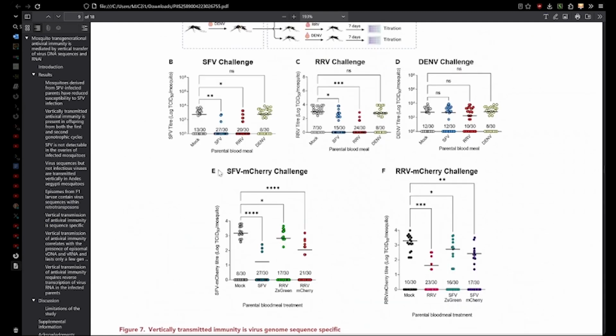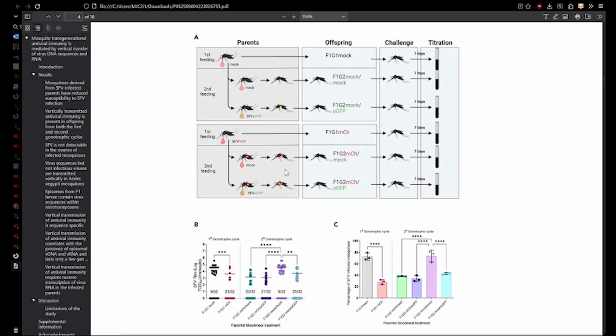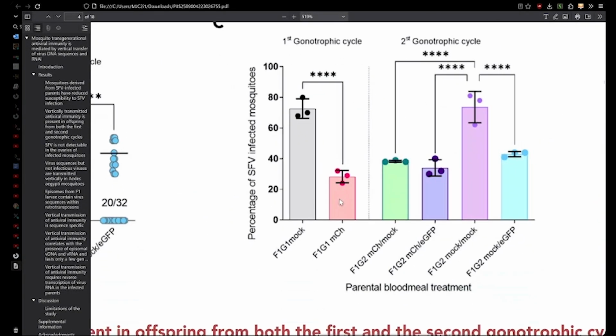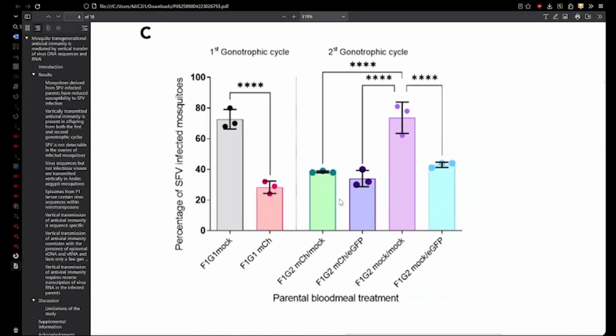The reason they're using mCherry and GFP is that these parts are a lot easier to access.